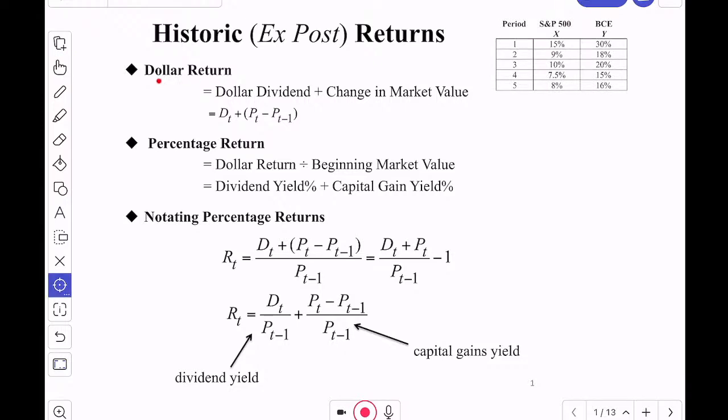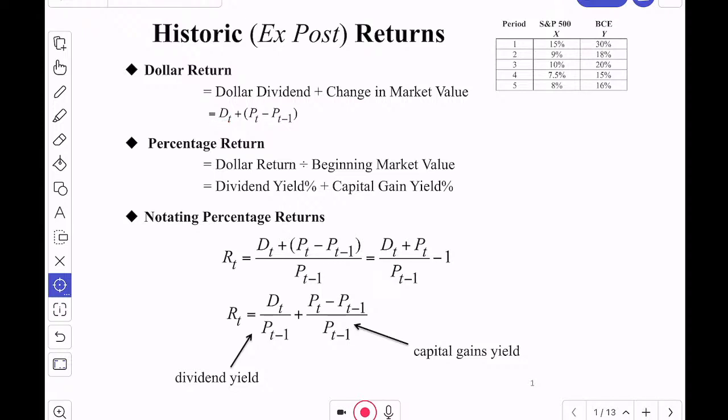If you think about being a stockholder, your return in period t, at any point in time, to holding the stock will be the dollar dividend. So the dividend, remember, is a portion of the profits of the firm given to a stockholder. For each share, they get a fair share of the profits.